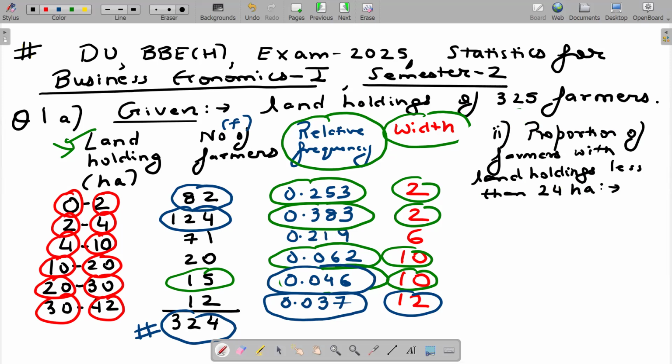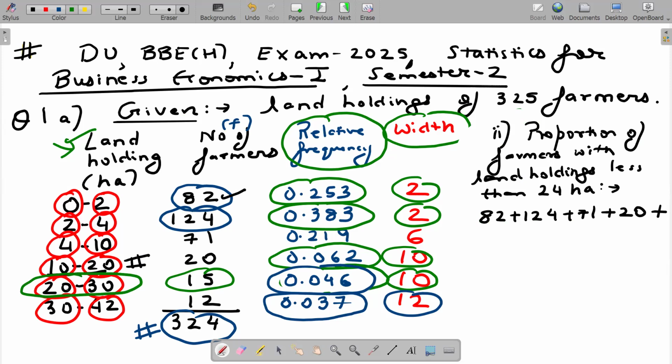How many have less than 24 hectares of land holdings? Let's quickly find that out. Less than 24 means I have to go till here for sure, because this is 10 to 20, that means 82 plus 124 plus 71 plus 20, and then 24 falls here in this interval.